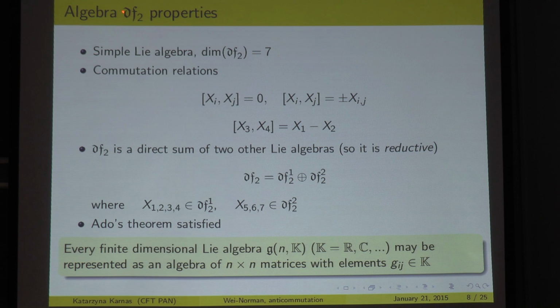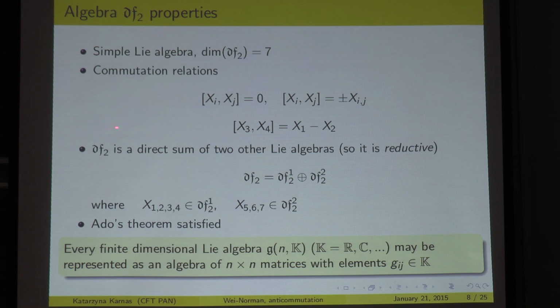Some properties of the algebra generated by basis vectors. At first, it is the simple Lie algebra and its dimension equals 7. Then basis vectors satisfy very simple commutation relations.